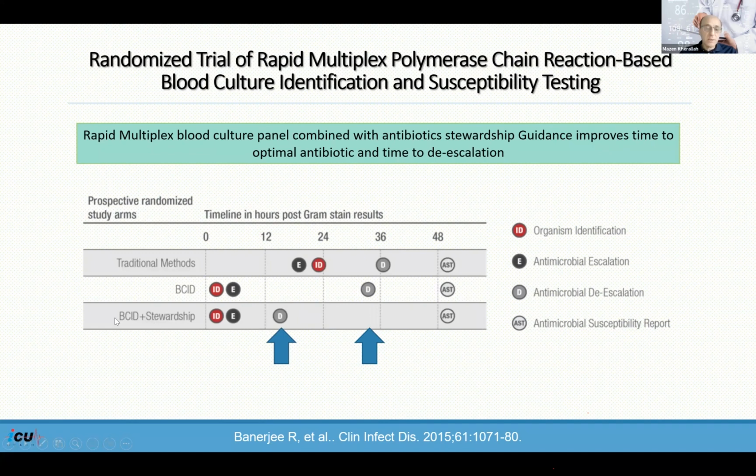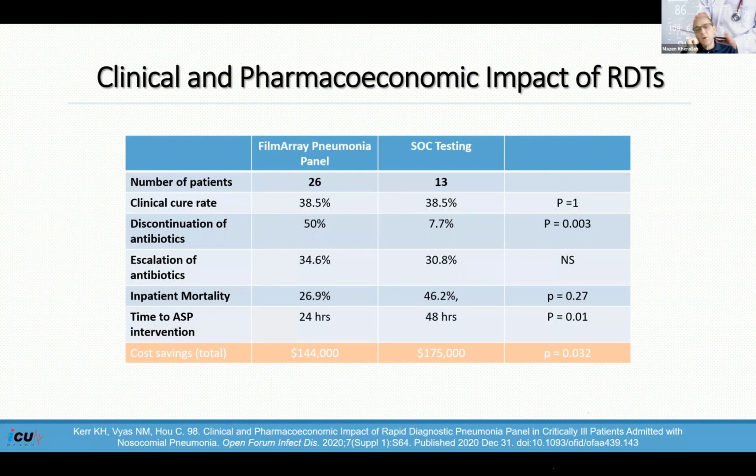You can see here, with the rapid test results plus stewardship program, they escalated earlier and de-escalated earlier compared to traditional methods. So it's only helpful if you combine this with a stewardship program, or in other words, with actions. You need to interpret those results and make a decision on what to do with the patient's antibiotic regimen.